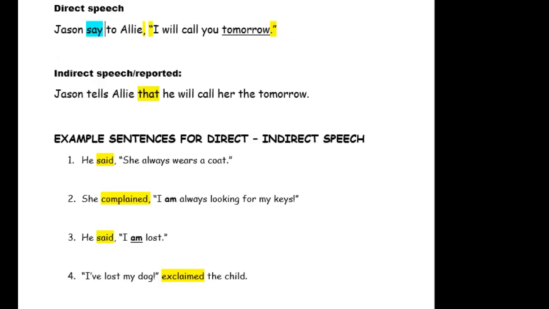But if this verb was in the past tense, if it wasn't say, but it was said, okay, then everything in the sentence would change, right? Let's see what would change. So it will be Jason tells Ali that he will becomes, because now everything is changing to the past tense.